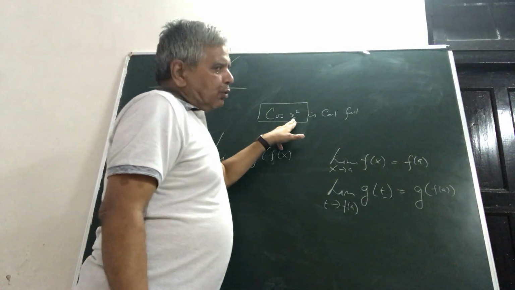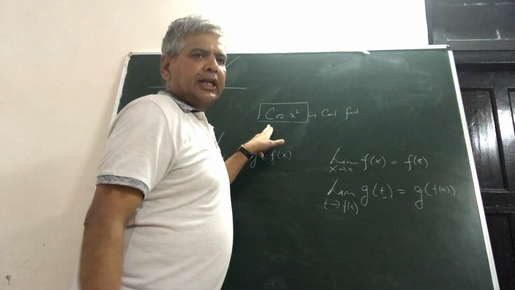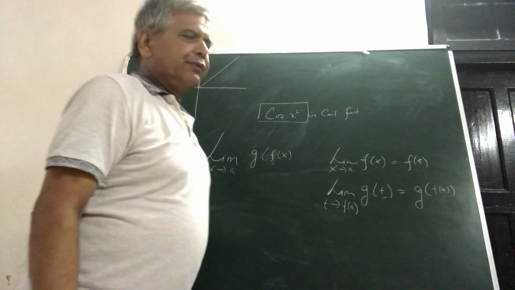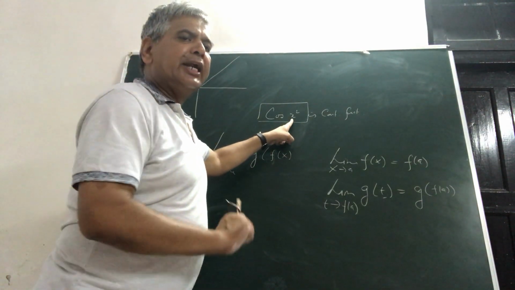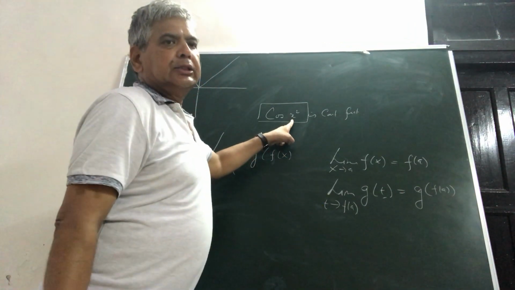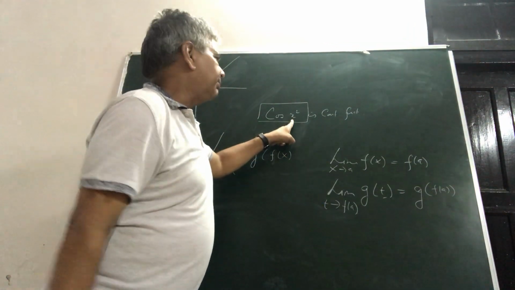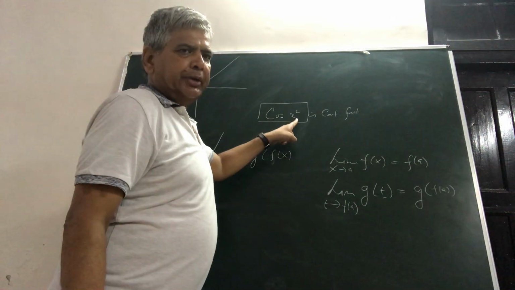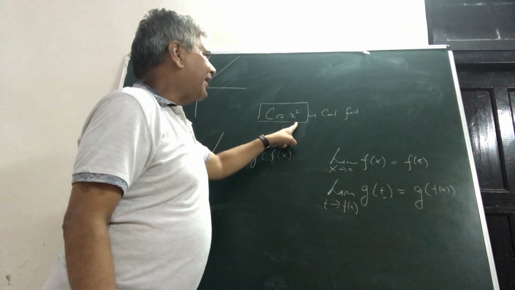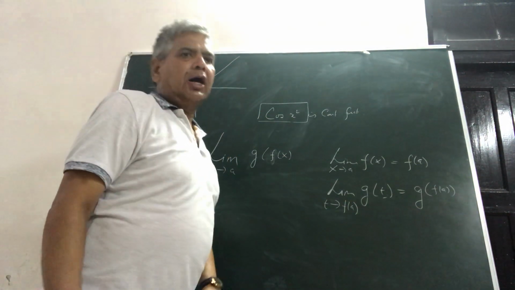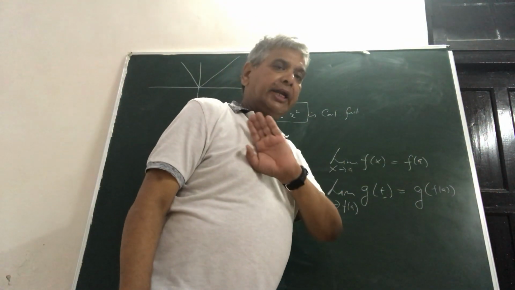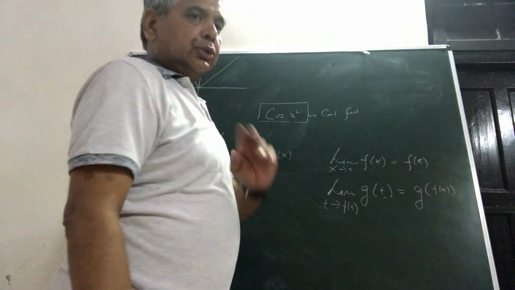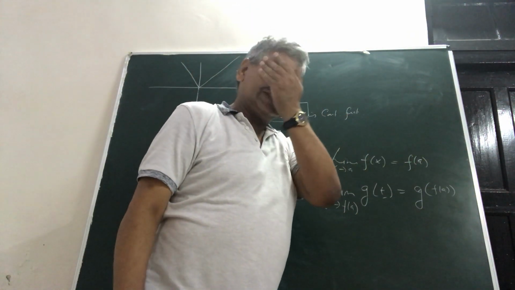Now see, x square here. You have to show that cos x square is a continuous function. So here the internal function x square, being a polynomial, is continuous throughout the real line, its complete domain, and the domain of x square obviously is the entire real line. cos x is also continuous throughout its domain, that is the real line.